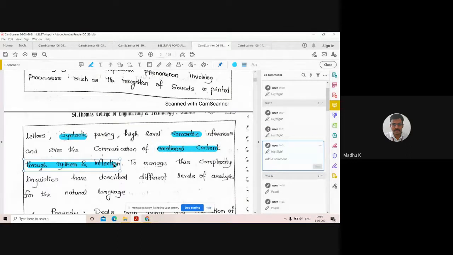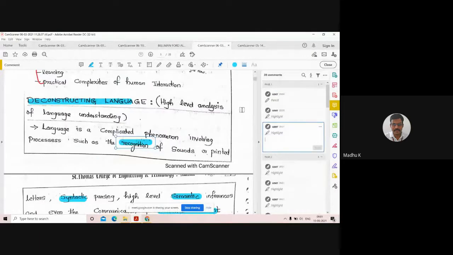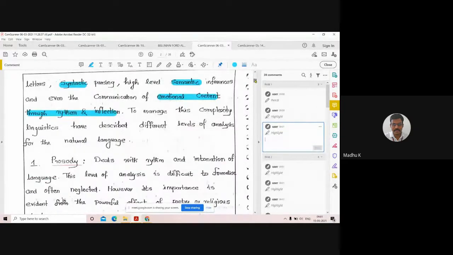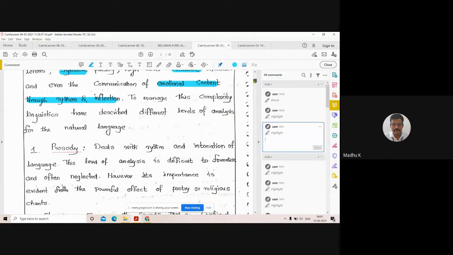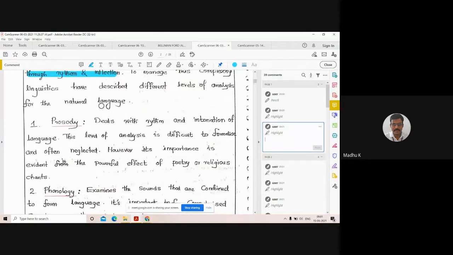Because of this, it is a complicated process. Understanding a natural language is a difficult problem. To solve this, various levels of analysis are introduced. To manage this complexity, linguists have described different levels of analysis for a natural language.